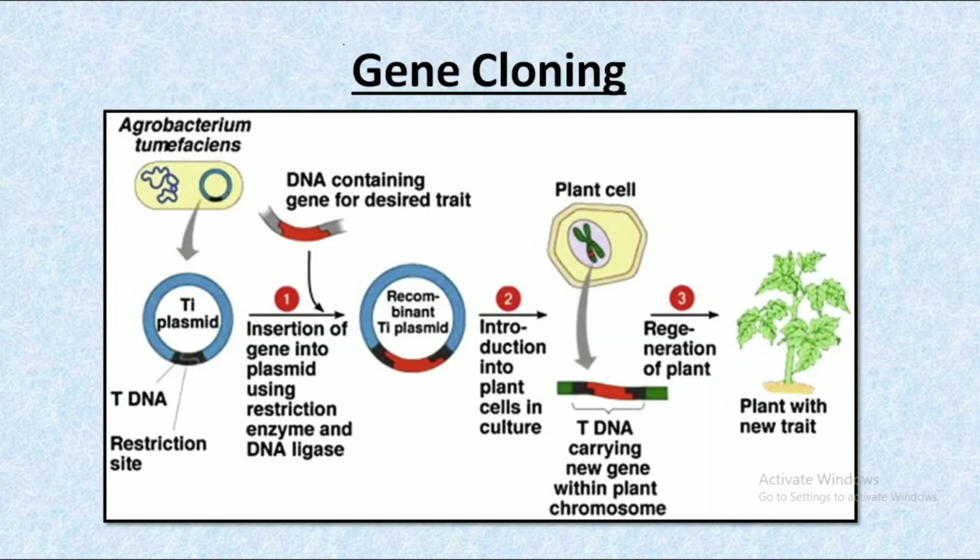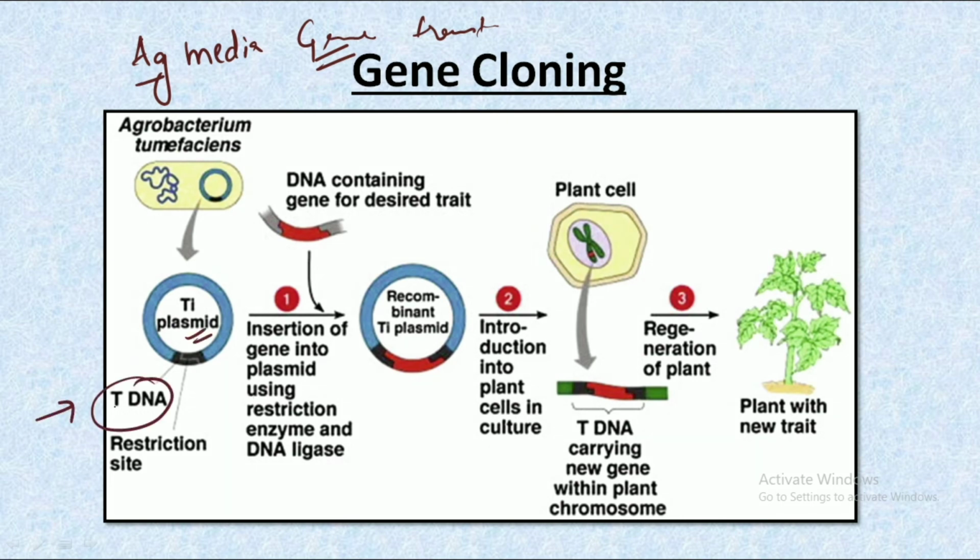So let's talk about gene cloning. Why? Because we are studying agrobacterium mediated gene transformation. So let's understand how the gene transformation actually occurs, or how the bacteria is called the natural genetic engineer. This is because we have the Agrobacterium tumefaciens having the Ti plasmid, and there is the presence of tDNA.